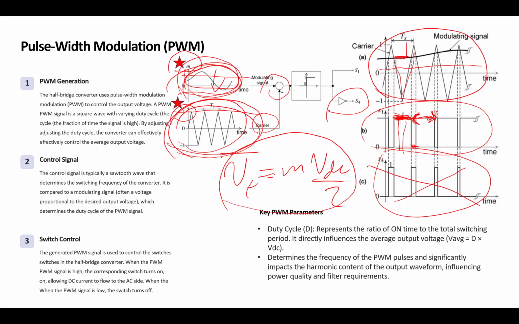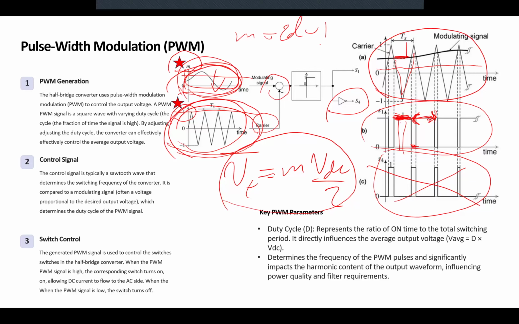M is 2D minus 1, which is the switch being on. So that's the modulating signal. You're going backward. I see your point, but you're going backward. Here, yes, we define M as 2D minus 1.